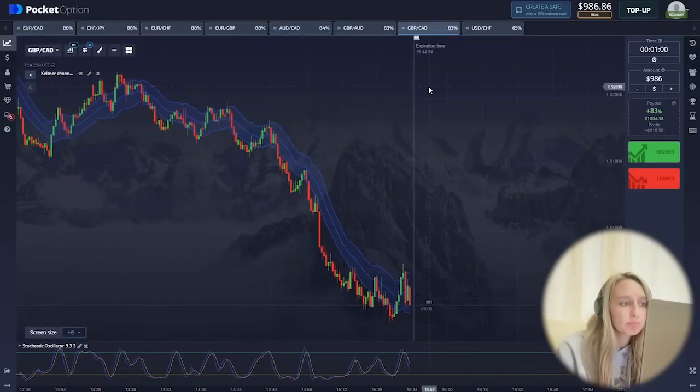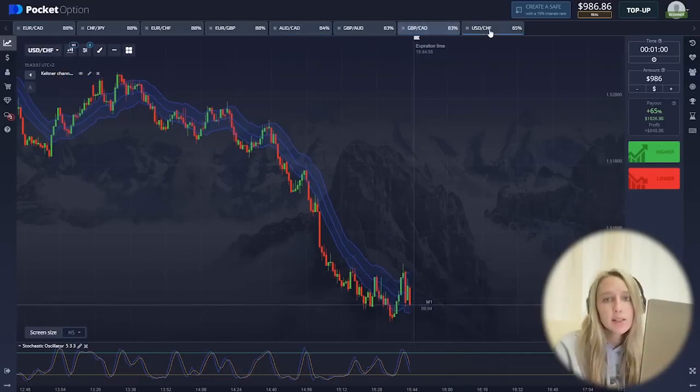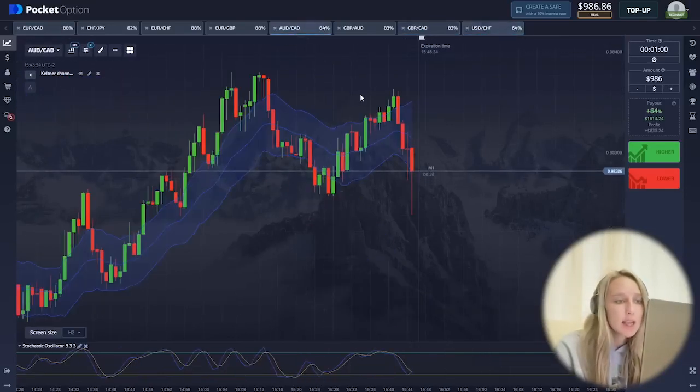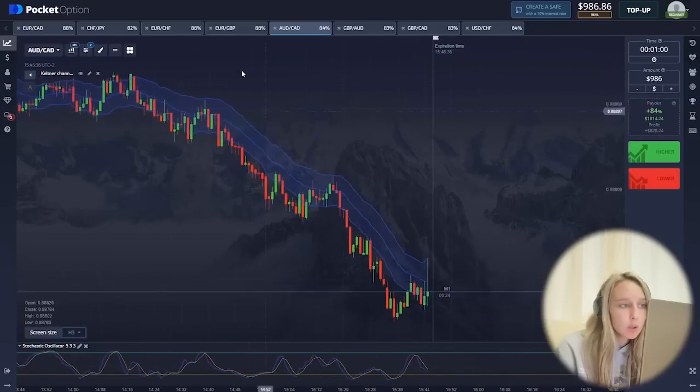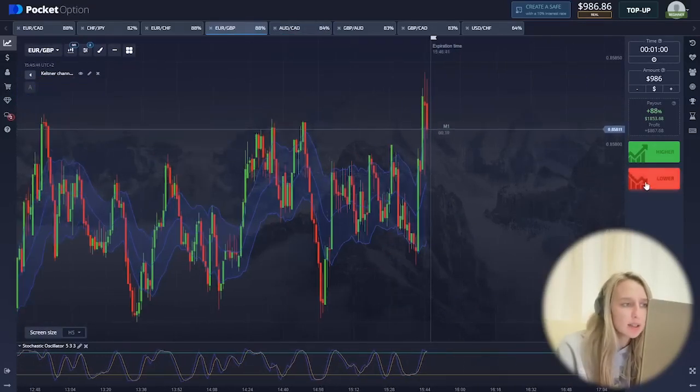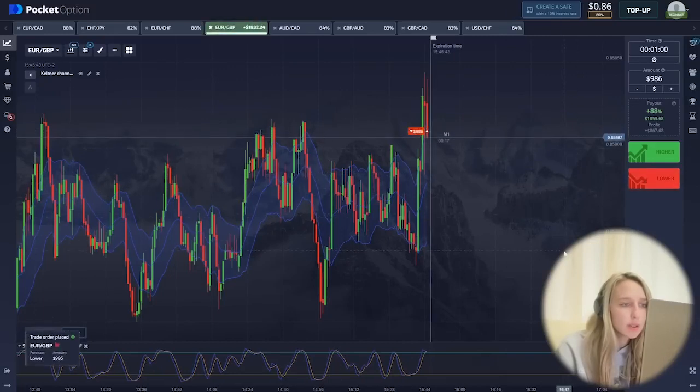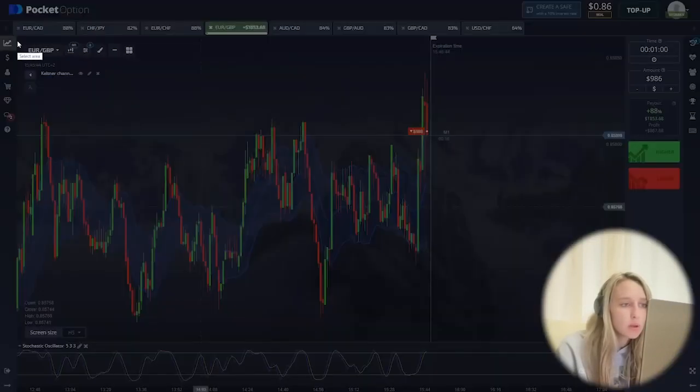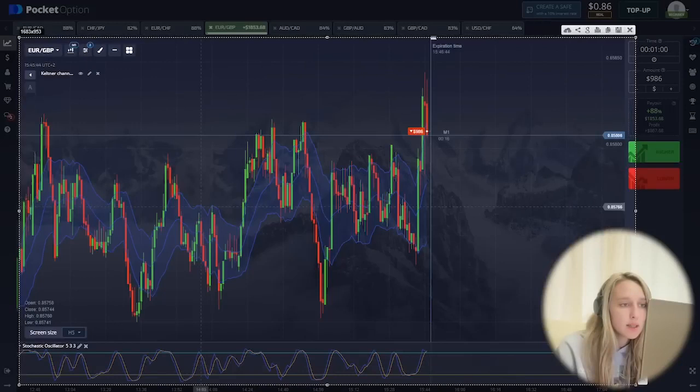Let's look at our currency pairs, continue our analytics, look at the behavior of the stochastic. So let's open a trade for a fall. Very easy entry into the transaction, friends.